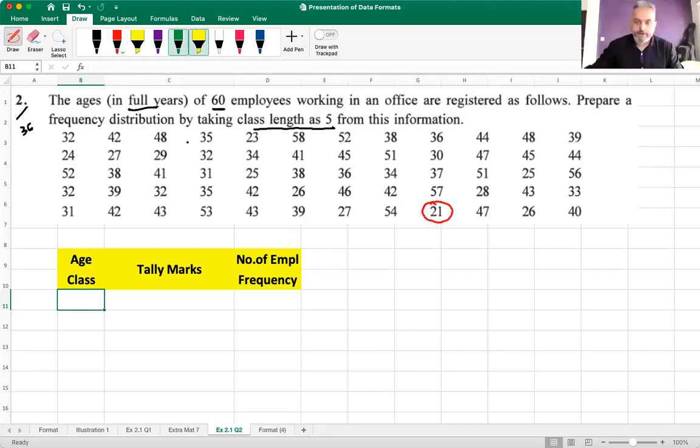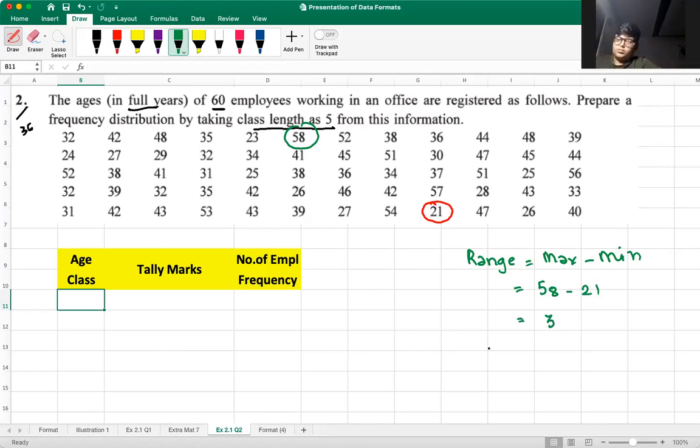What is the maximum observation? 58. So if I write range, what is range? Maximum minus minimum, which is equal to 58 minus 21, which is equal to 37.